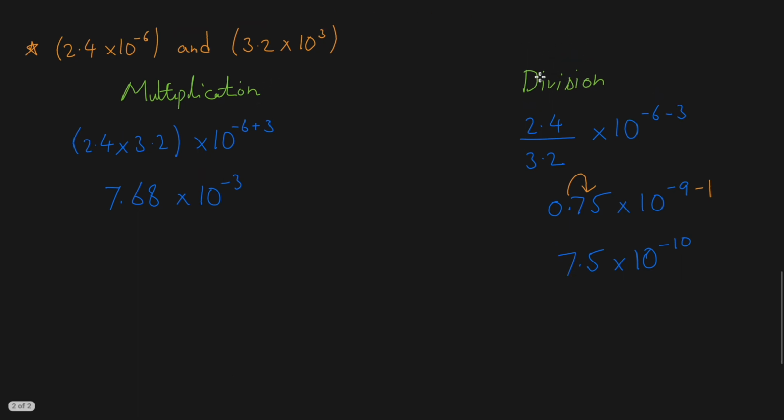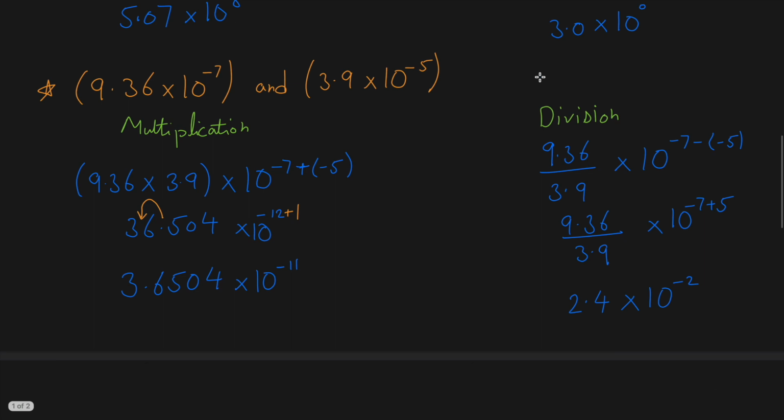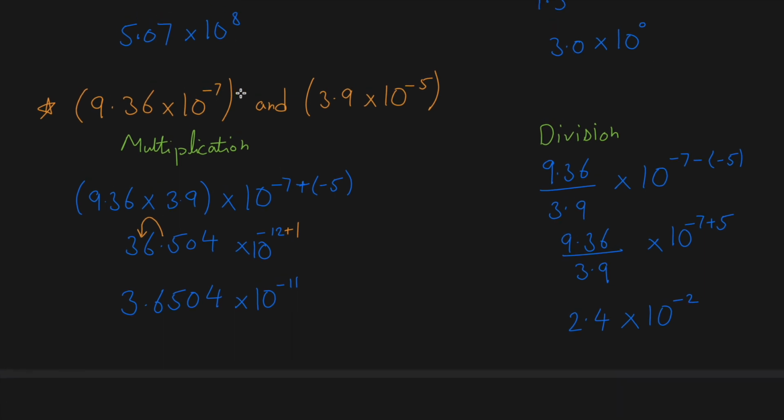As in this third example, as I showed you, minus 7 minus 5. So here minus 7 minus, with brackets, minus 5. So here we'll have minus 7 plus 5. So be careful of it when you are dividing scientific notations whose exponents are negative.